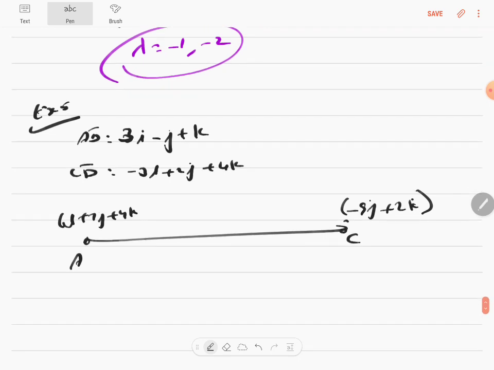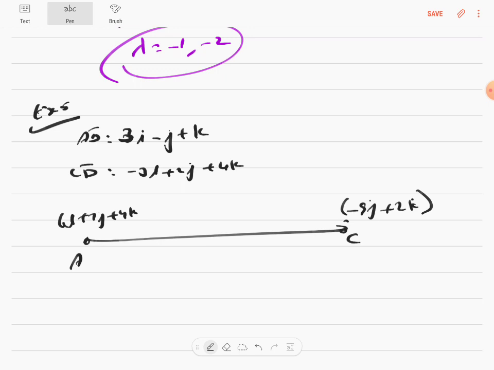Find the position vector of the point P on the line AB and the point Q on the line CD, such that PQ is perpendicular to both AB and CD.